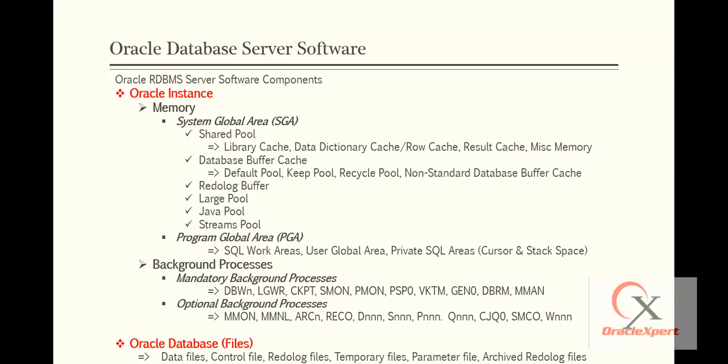Oracle instance also needs a large amount of RAM for its operations. The RAM allocated to the instance is divided into SGA, System Global Area, also known as Shared Global Area, and PGA, the Program Global Area, also known as the Private Global Area. As the name indicates, SGA is shared by all the connected user sessions to this database instance.